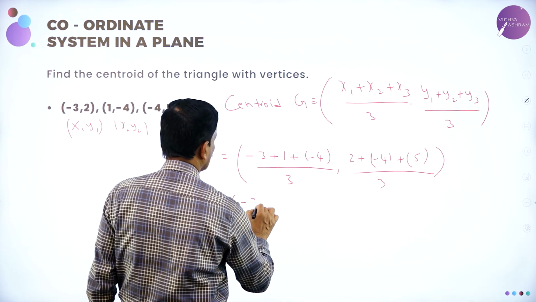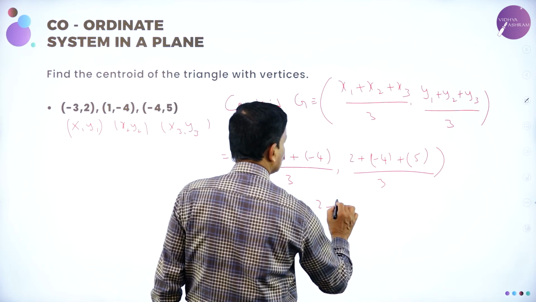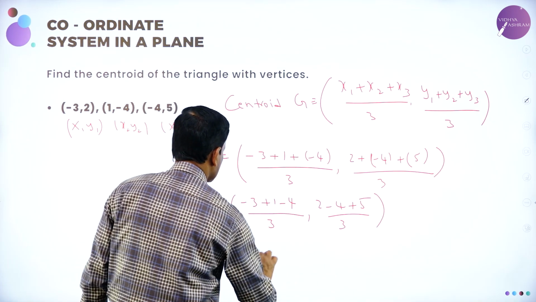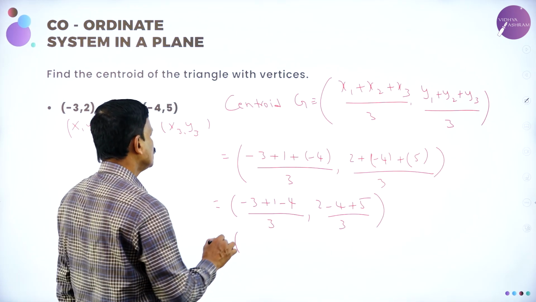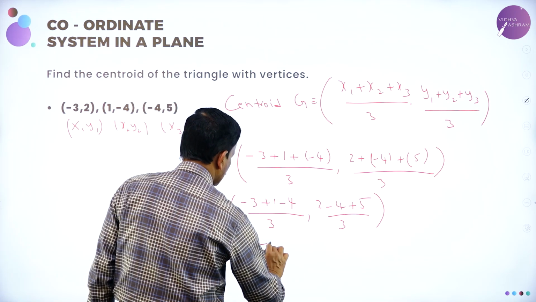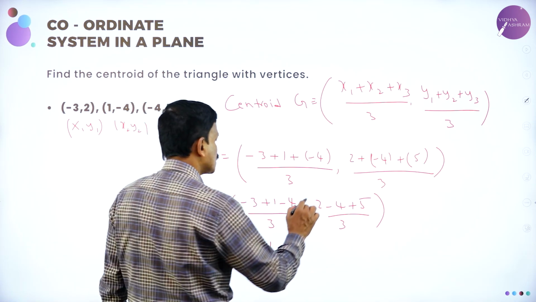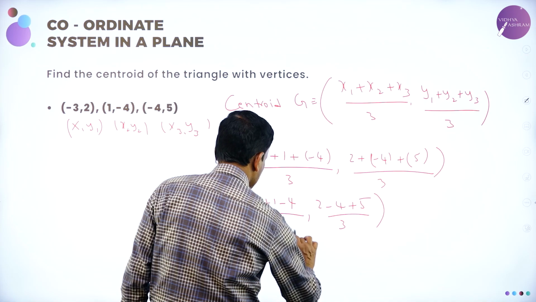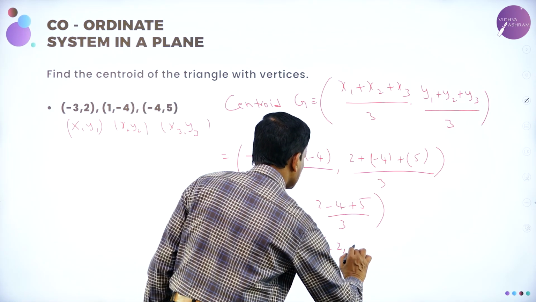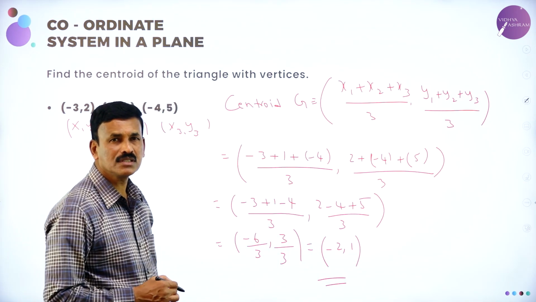This is equal to minus 3 plus 1 minus 4 divided by 3, 2 minus 4 plus 5 divided by 3. So, 1 minus 4 is minus 3, is minus 6 divided by 3 here. 5 plus 2 is 7. 7 minus 4 is 3 divided by 3. So, minus 6 by 3 is minus 2. 3 by 3 is equal to plus 1. Minus 2 comma 1 is the centroid for the given points.